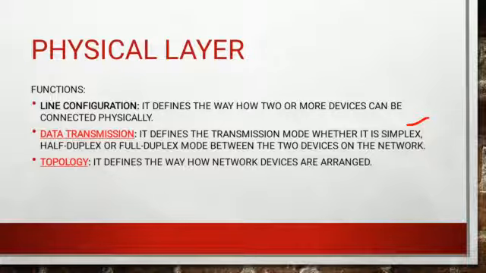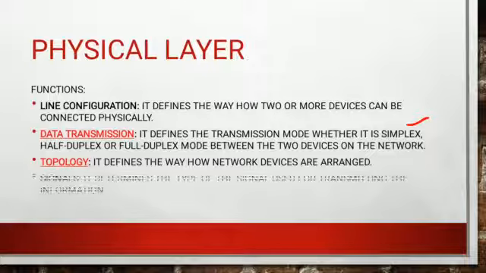We have four different types: bus topology, ring topology, star topology and hybrid topology. By using these four different types of topologies, the systems are connected, that is, the arrangement of the computer devices. So this topology is also related to the physical layer.